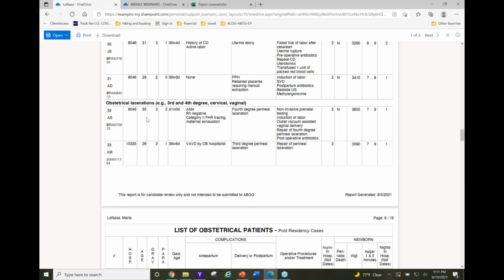I first confirm the position of the fetal head. I typically like to make sure that the baby is in an OA position. I find the posterior fontanelle and place the vacuum device about 3 centimeters anterior to the posterior fontanelle.